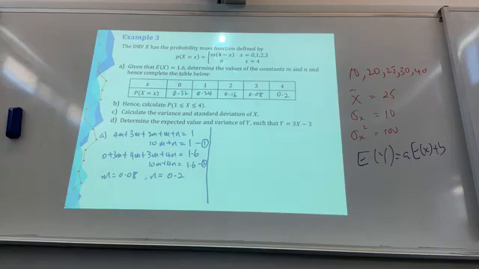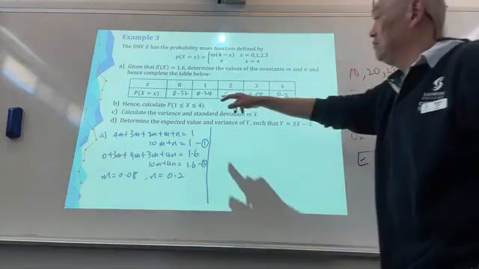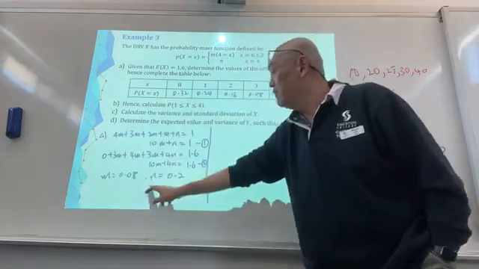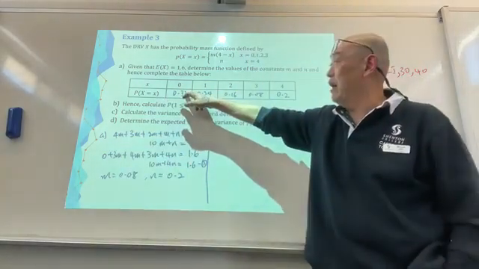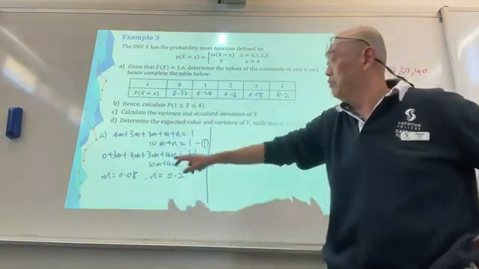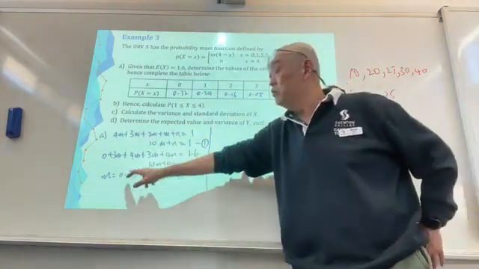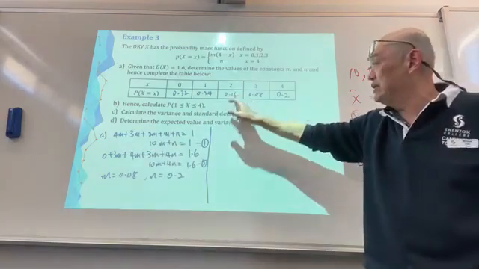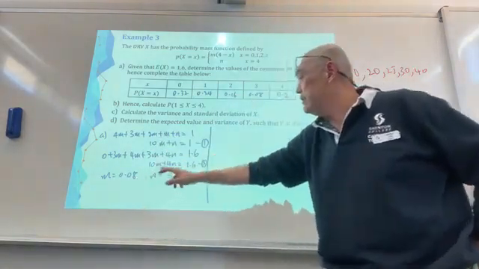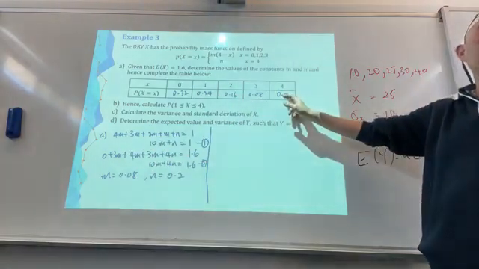So 4 times 0.08 is 0.32. 3 times 0.08 is 0.24. 2 times 0.08 is 0.16. That's 0.08. And that you work out 0.2.